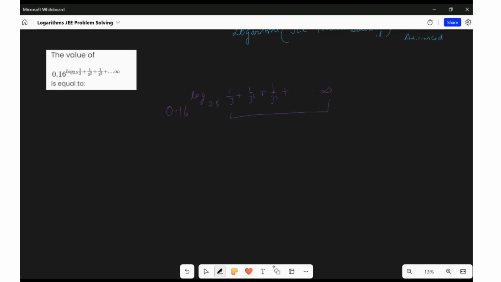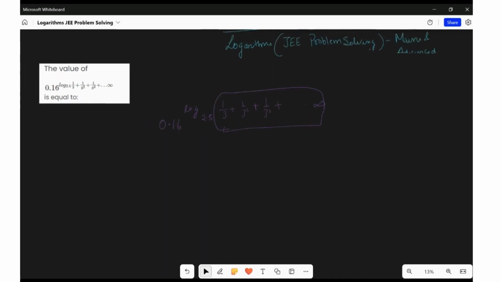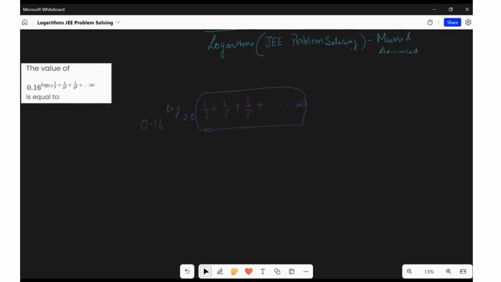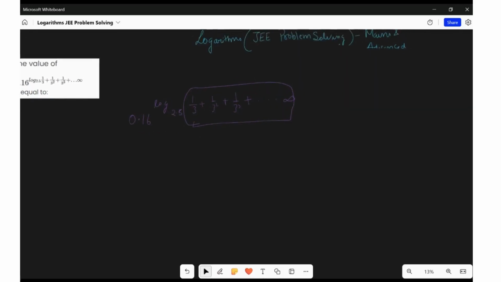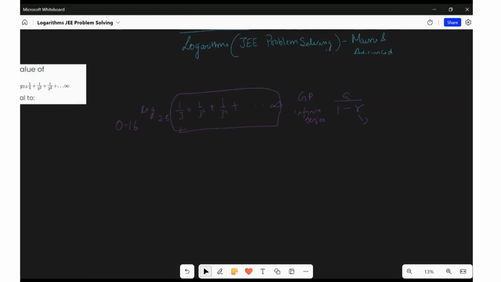Now to solve this GP series, we have a formula which we can just apply here. For a GP infinite series, the formula is A by 1 minus R. And R here is the change in the power, and it is just the ratio of the two terms.